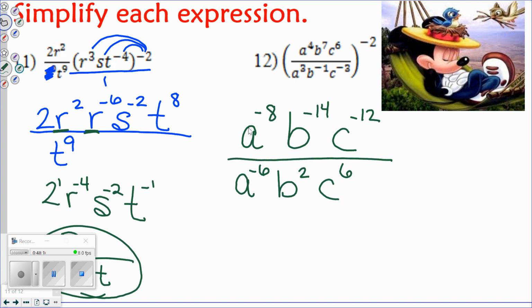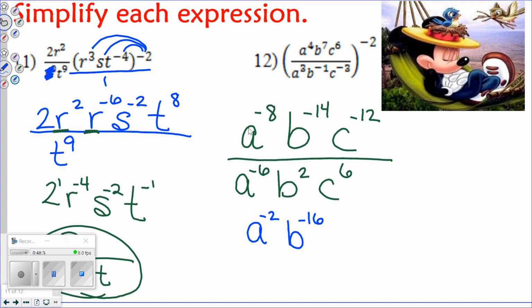All right. From there, I'm going to look for, do I have like terms? Okay, and I definitely have like terms. So putting my a's, negative 8 minus negative 6 is negative 2. By default, they go to the top. So I'm just going to write it by default. So my b's, negative 14 minus 2 is negative 16.